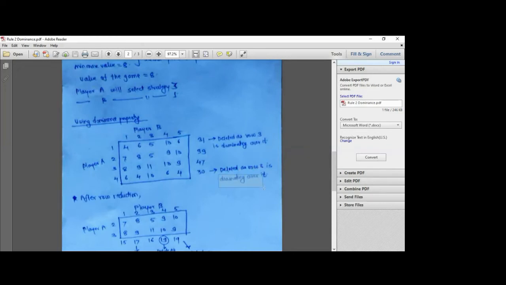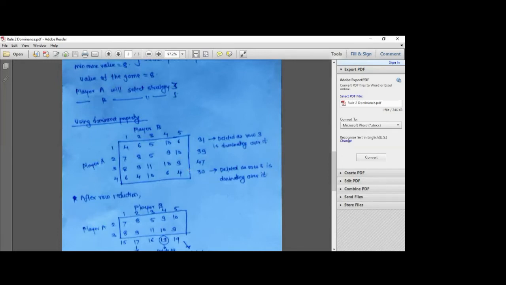Don't write this particular word, because this row, 6, 4, 10, row number 4, is actually the dominating row. So please delete this particular sentence. When I send you the copy it will have been deleted already, but for now remember that this is not to be written. It is deleted after the comparison with row 3. Here also it got written.